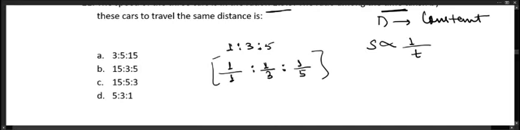So to represent them as whole numbers, we have to eliminate the denominator. For that we will take the LCM of 5, 3 and 1, which is 15.